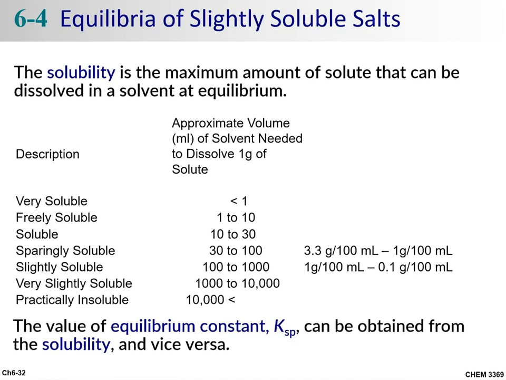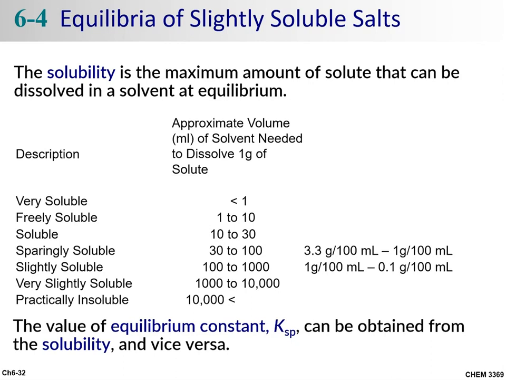Okay, so for our precipitation reactions, we need to form the solid, and the precipitate has to stay as solid. So for our purpose, the slightly soluble salts will work. These are the salts, according to this definition at least, that require something between 100 and 1,000 milliliters of the solvent to dissolve 1 gram of the salt.